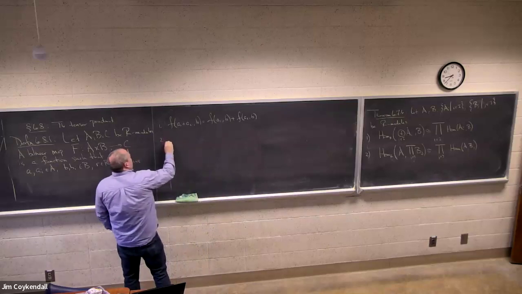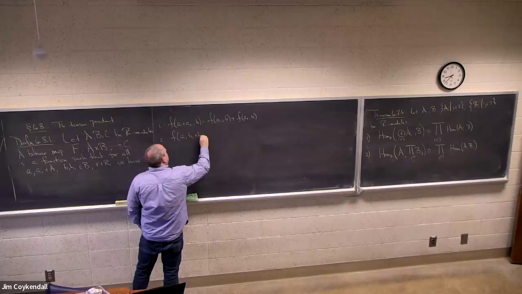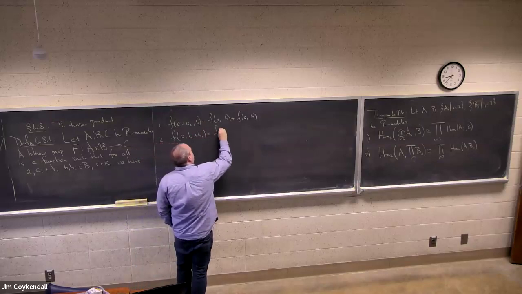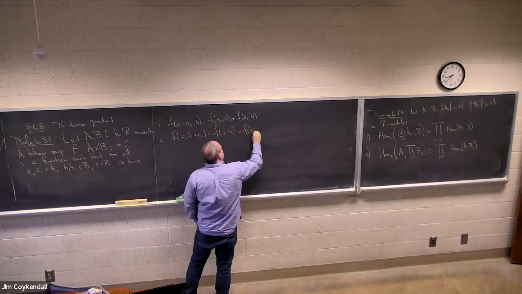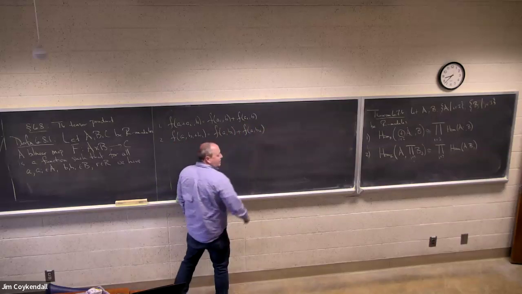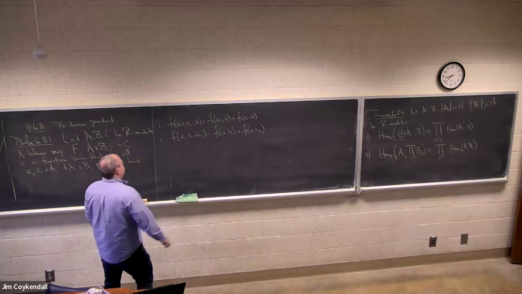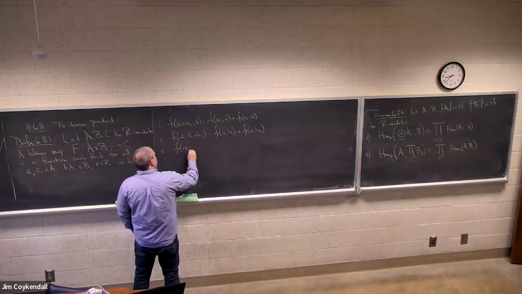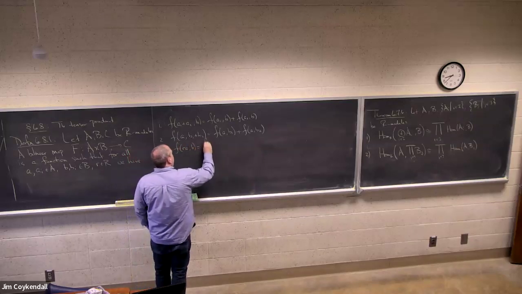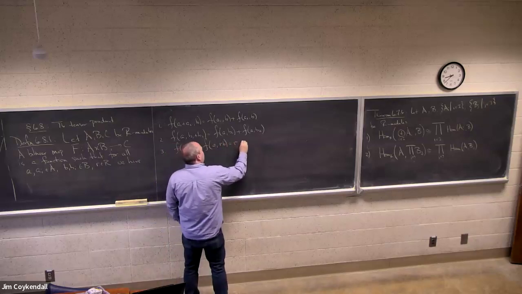Number two, F of (A, B1 plus B2) is F of (A, B1) plus F of (A, B2). And number three, F of (RA, B) is F of (A, RB), which is R times F of (A, B).